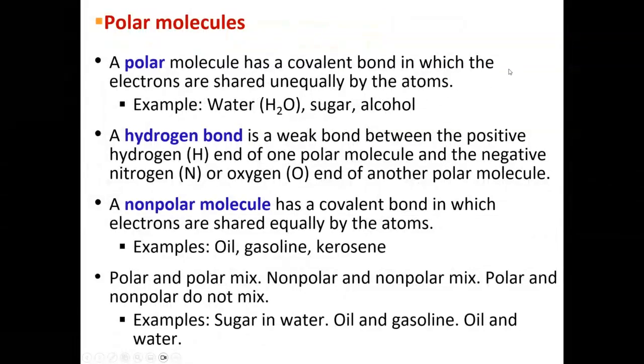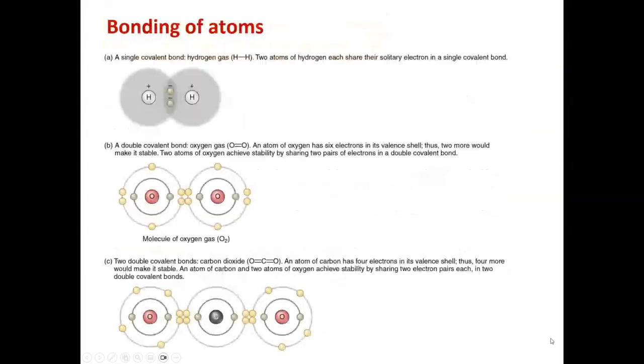Okay, need to talk about polar and nonpolar covalent bonds. So in a covalent bond, two atoms are sharing electrons. The electrons are spinning around both of the atoms. These electrons spinning around both hydrogens, those electrons would spin around both hydrogens about the same.